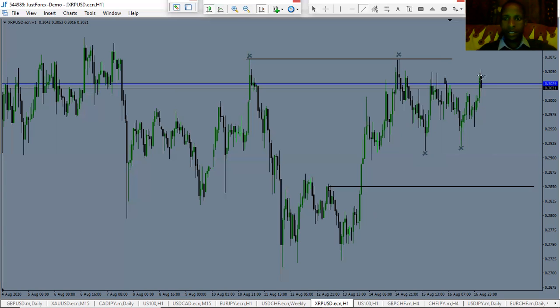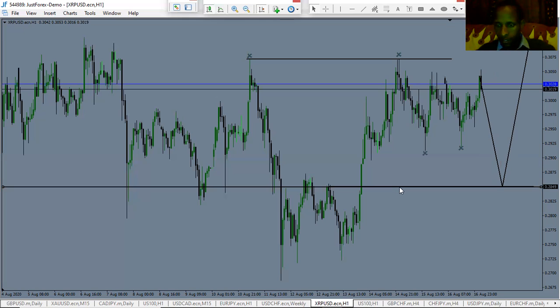Just put an example. So it means it can come back and trade at 28 cents.